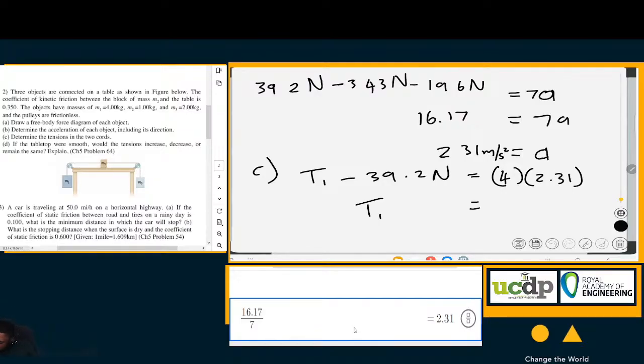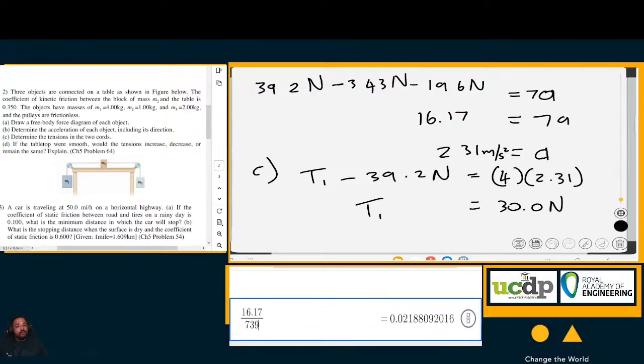Let me just make sure that I did the correct thing here. You should get, if you work it out, T1 should be 48.44 newtons. Let's check. That's 4 times 2.31, and then you add 39.2.